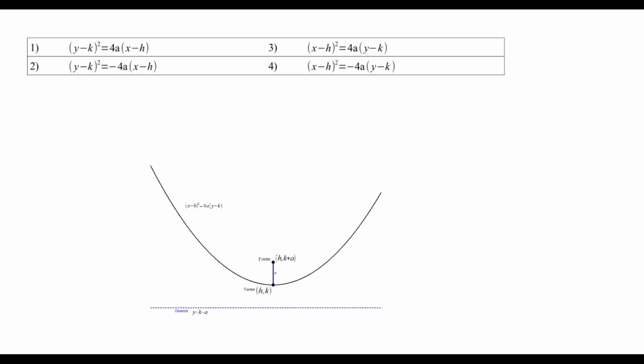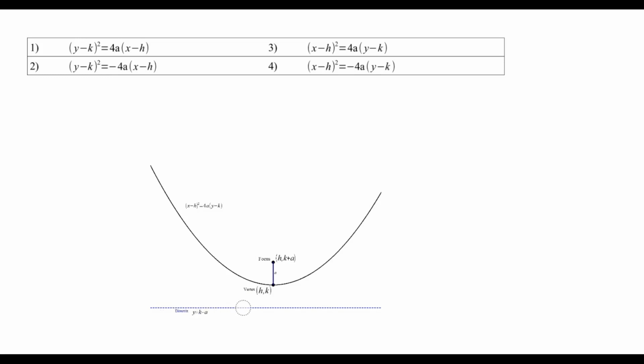Then inside the parabola we have the focus. And the focus is a distance of A away from the vertex. In this case, because the parabola is oriented up, the focus is up from the vertex. Then we have the directrix.